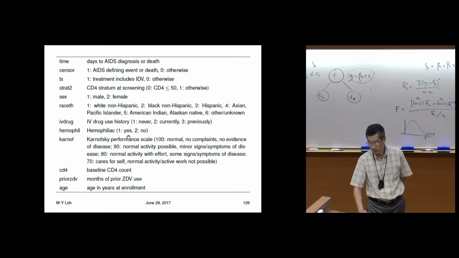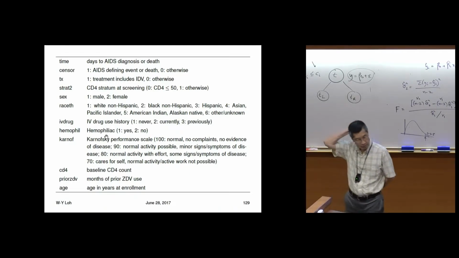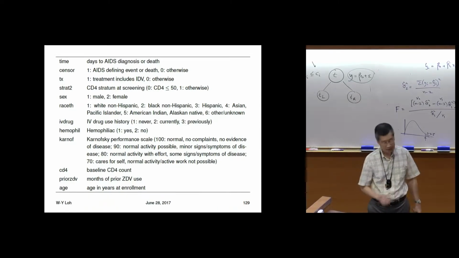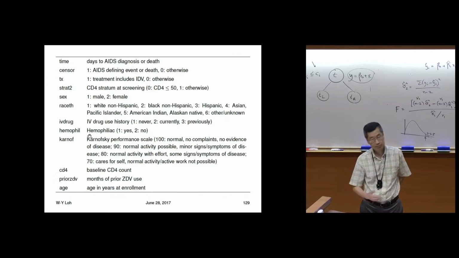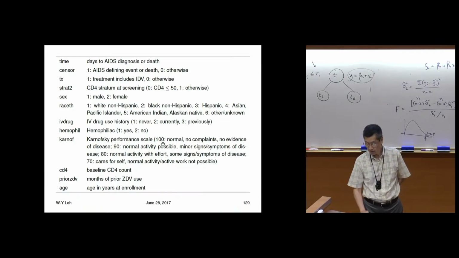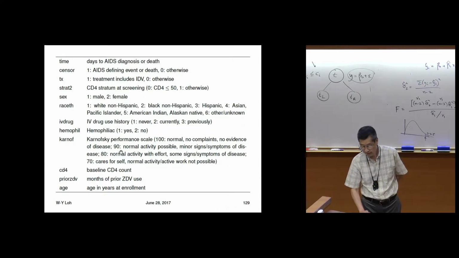Hemophiliac is 1 or 0, or 1 or 2. A hemophiliac is a person who, once he gets a bruise, will bleed, and it takes a longer time for the blood to clot. And AIDS patients have these kinds of problems. Karnofsky Performance Scale is a measure of how physically fit the person is. All of us here probably have 100: we're normal, with no complaints, no evidence of disease.